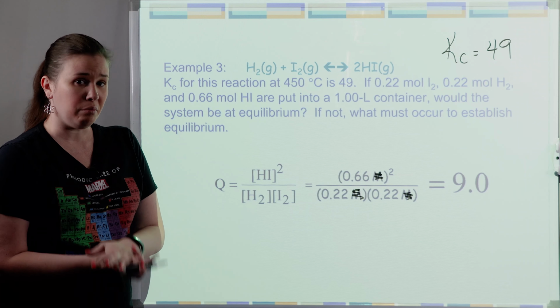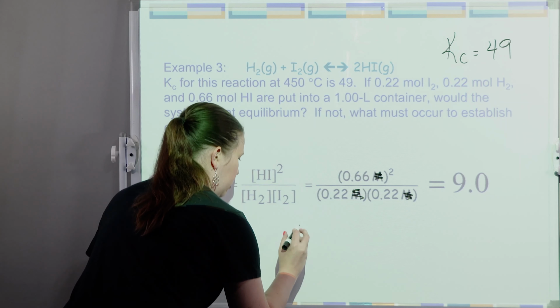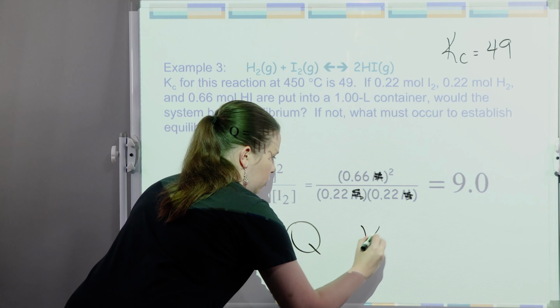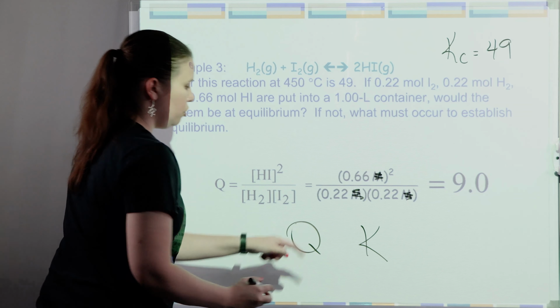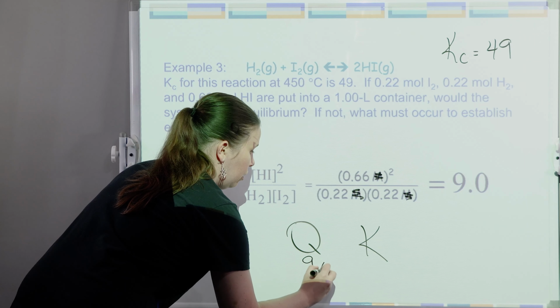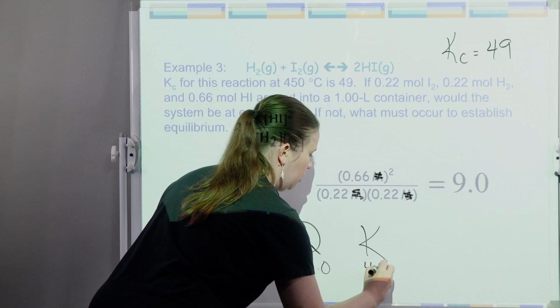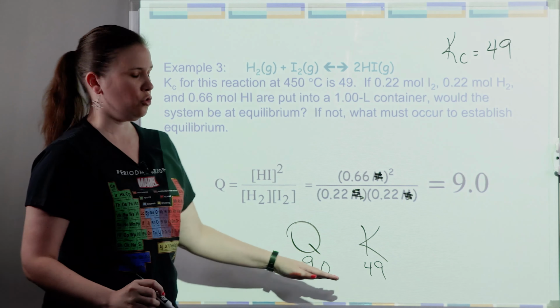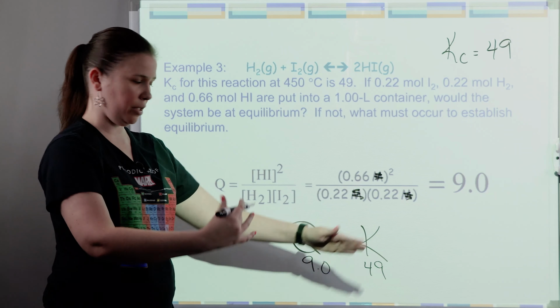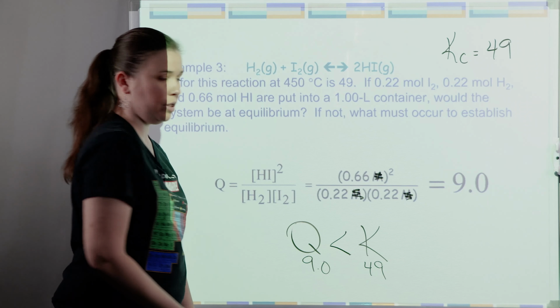Now, what does that mean? So I'm going to use my little alligator trick. I'm going to write Q versus K. The Q is the number I just found of 9.0, whereas the K is what they gave me in the beginning. So what's greater, 9 or 49? 49.